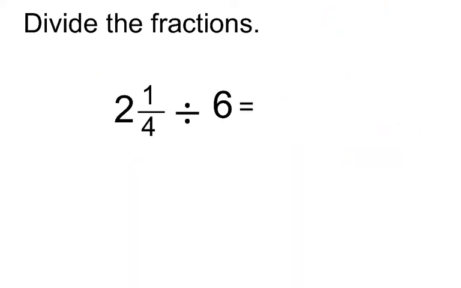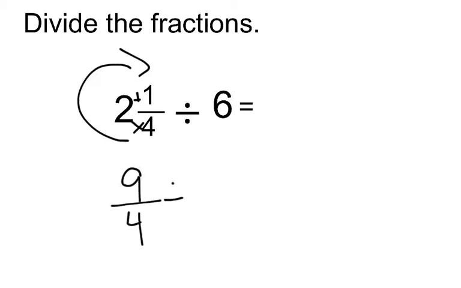Let's look at another example. 2 1/4 divided by 6. First step, we're going to rewrite the division problem as fractions. So in order to do that, we go counterclockwise, 4 times 2, and add the 1. So that's going to give me 9/4 divided by 6/1.